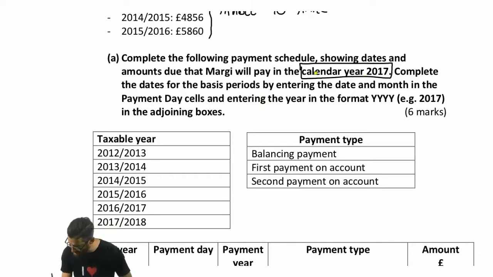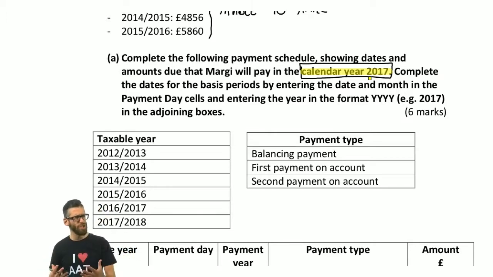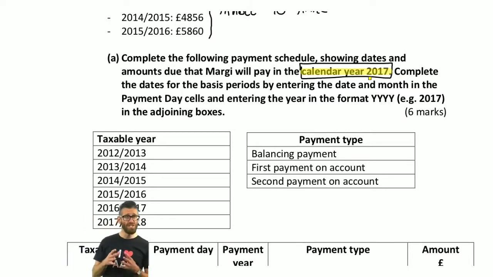Now, reading the examiner's report, as we often do, what the examiner said is, whilst people have demonstrated knowledge and understanding of how to do this task, the problem that they have is that they subsequently are unable to demonstrate the timings, and it is the timings that begins to cause them problems.